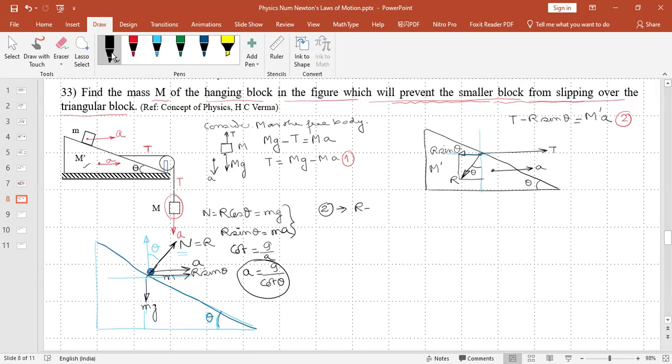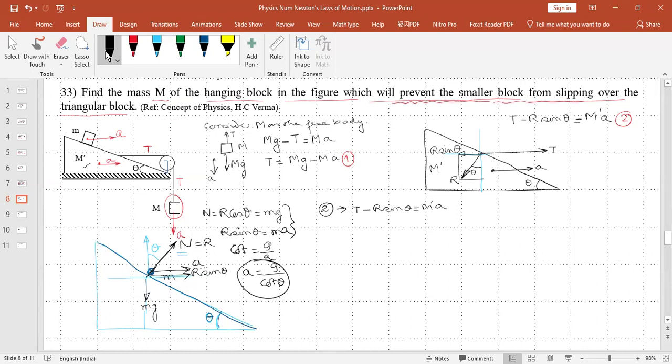Which is T minus R sine theta. Now R sine theta is equal to m dash a.